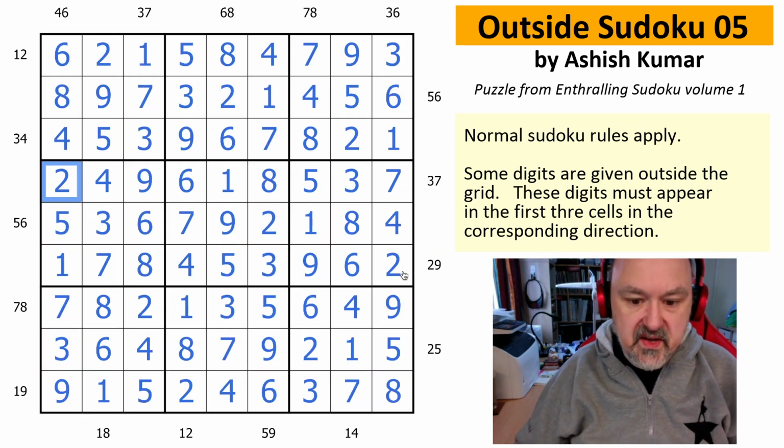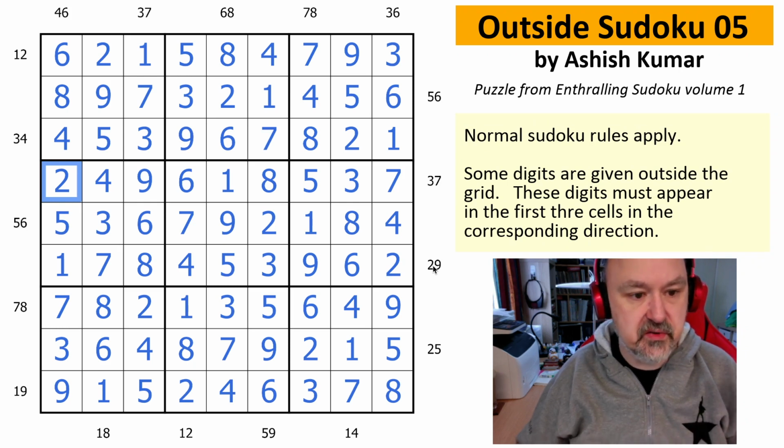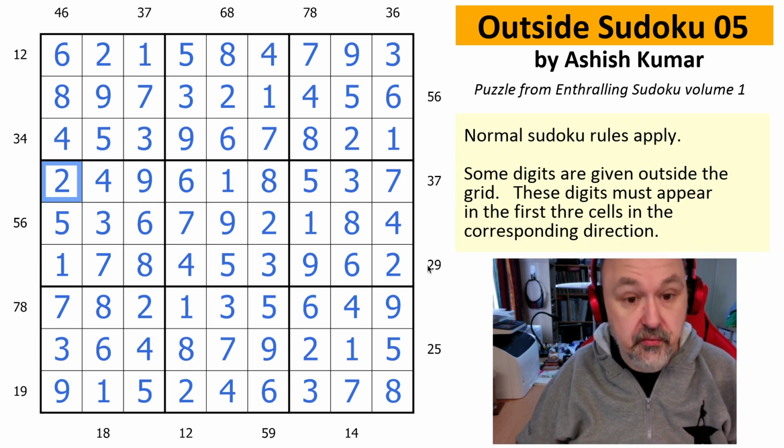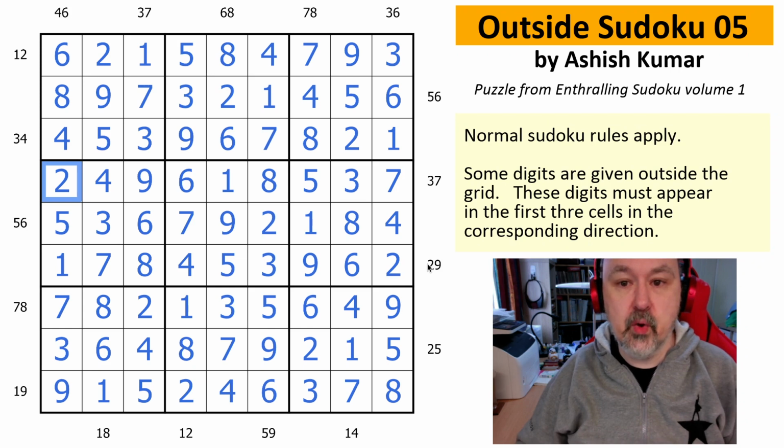So that's how you solve an outside Sudoku, and in particular this outside Sudoku. This is the 5th outside Sudoku from Ashish Kumar's Enthralling Sudoku Volume 1. So his Volume 1 book, which I think was $7, I'm not exactly sure, but it was around that price.